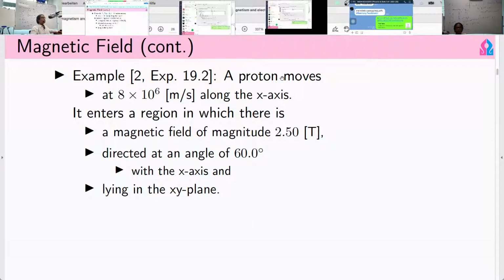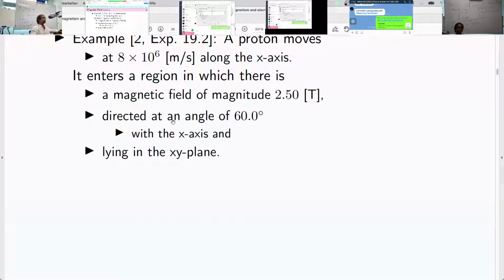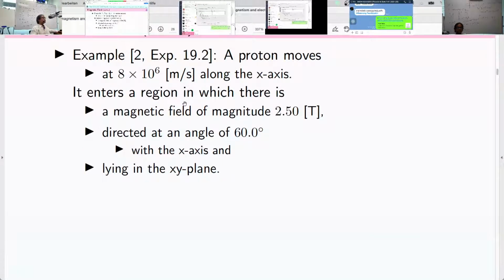A proton moves at, oh, it's quite high, 8 times 10 to the power of 6, 8 million meters per second, along the x-axis, and then it enters a region in which there is a magnetic field. Of course, we are talking about a magnetic field story. The magnetic field has a magnitude of 2.5 Tesla, and it's directed at an angle of 60 degrees with the x-axis.